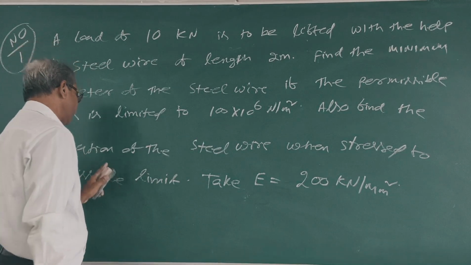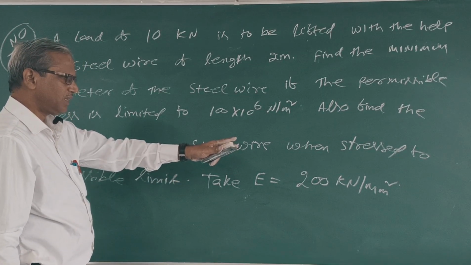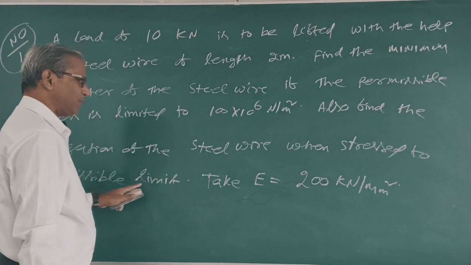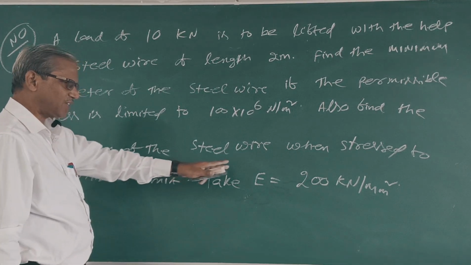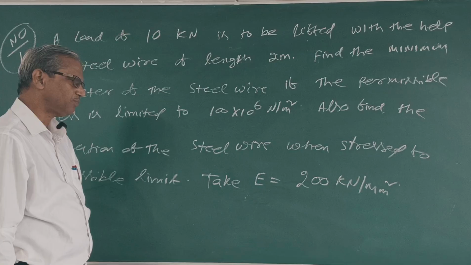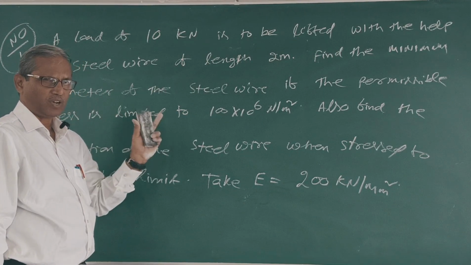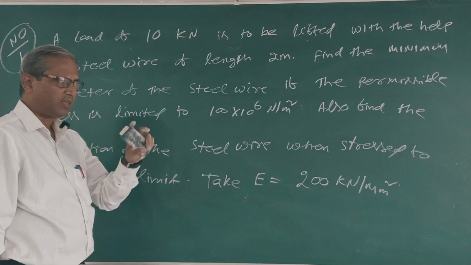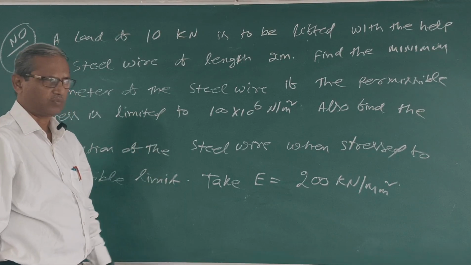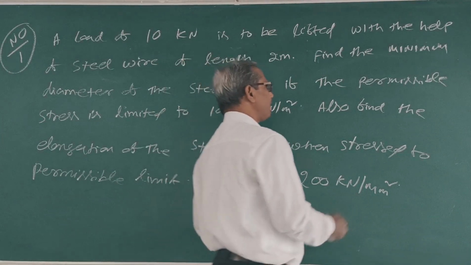Also find the elongation of the steel wire delta L if it is stressed up to elastic limit. Take E equal to 200 kilonewton per mm square. Now we'll make all units the same: meter changes to mm, kilonewton changes to Newton. Clear? So first I will write what is given.